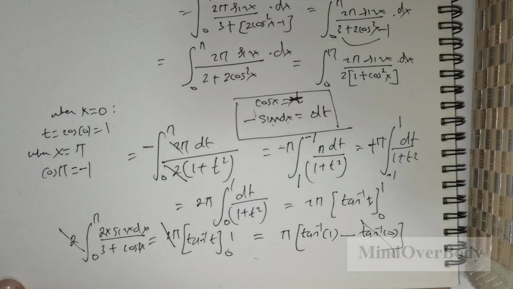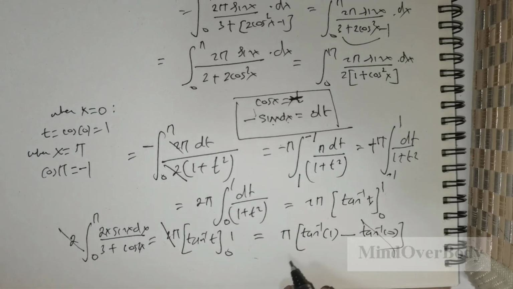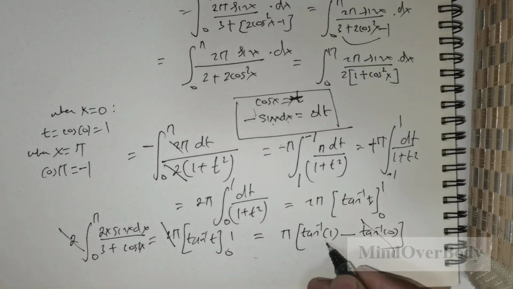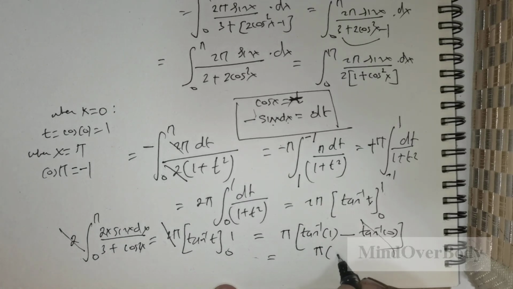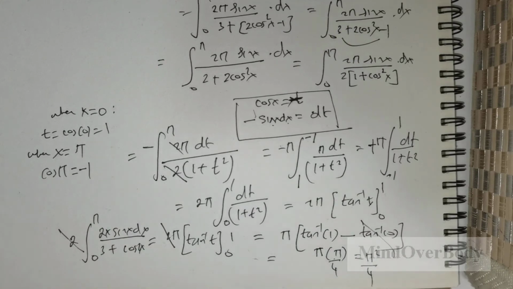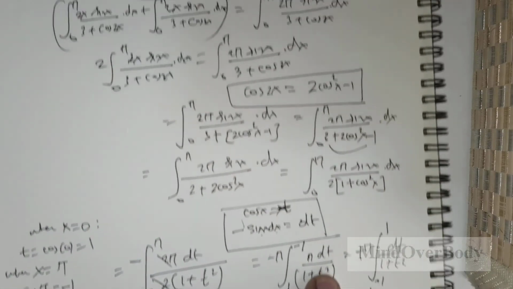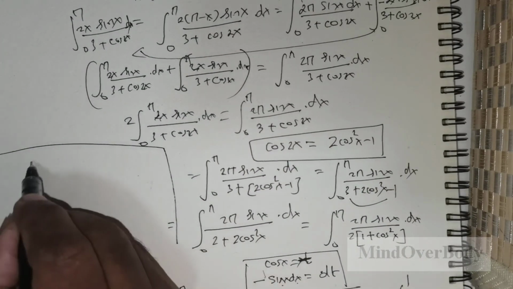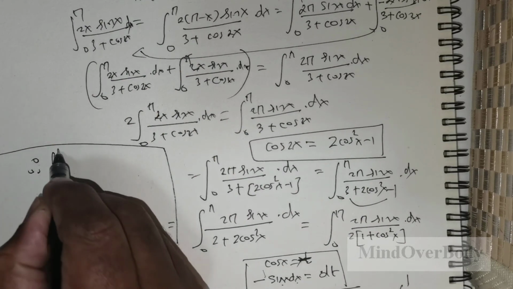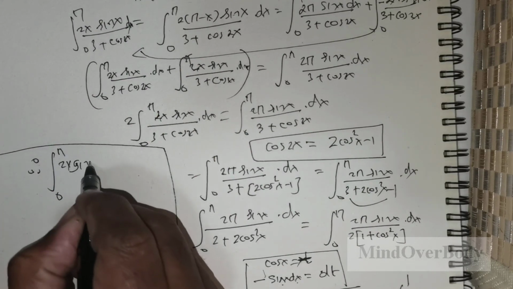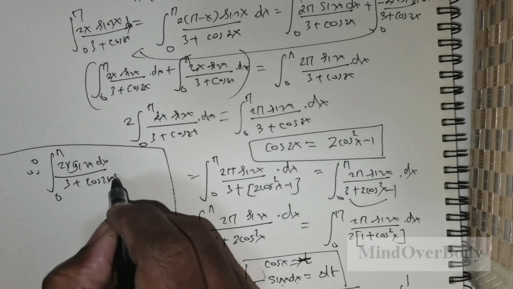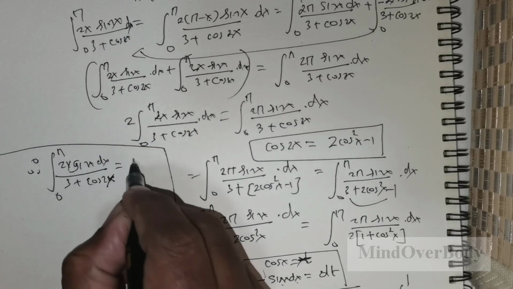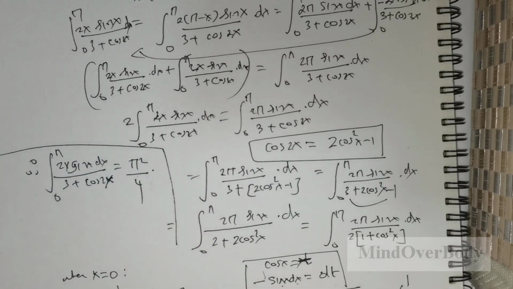Now tan inverse of 0 is 0. Tan inverse of 1 is pi divided by 4. So this is going to be pi times pi divided by 4, which is equal to pi squared divided by 4. So the final answer: integral 0 to pi by 2 of x times sine x times dx divided by 3 plus cos 2x is equal to pi squared divided by 4. That's the solution for this question.